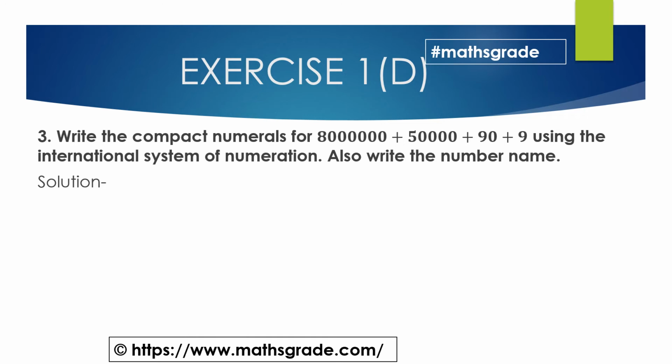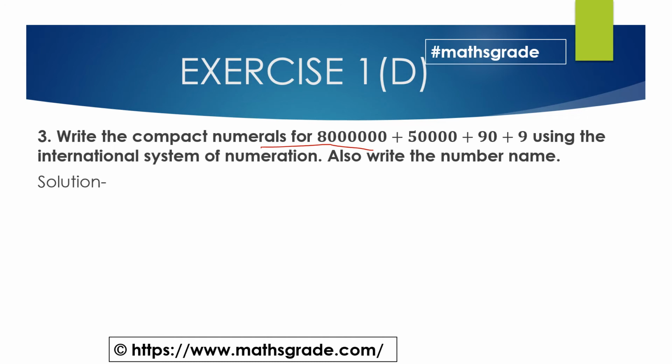Now we solve question number 3. Question number 3 is: write the compact numerals for 8,000,000,060 plus 50,000 plus 90 plus 9 using the international system of numeration. Also write the number name.